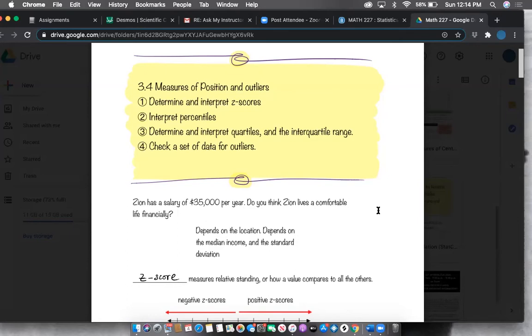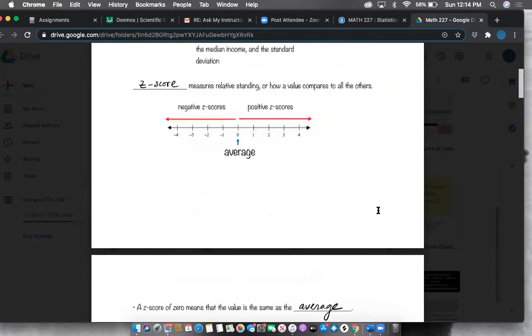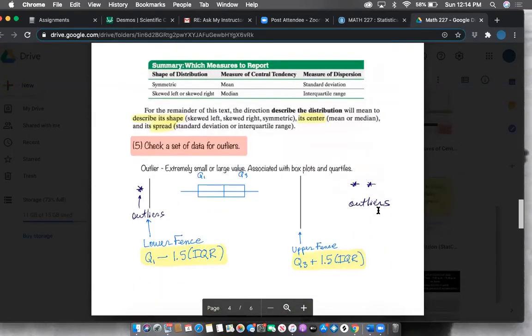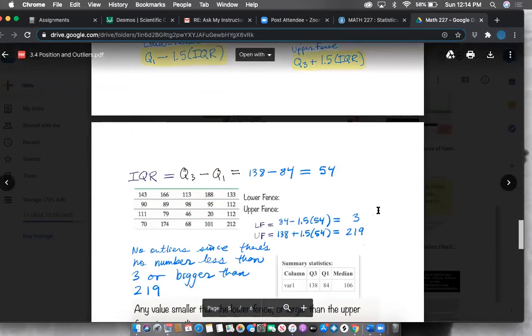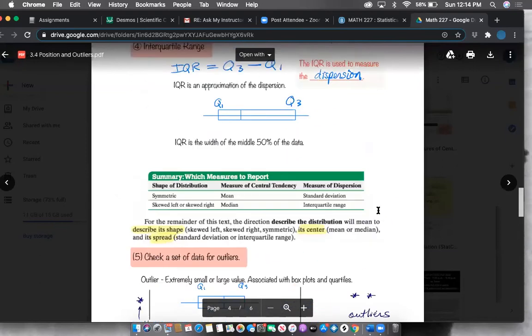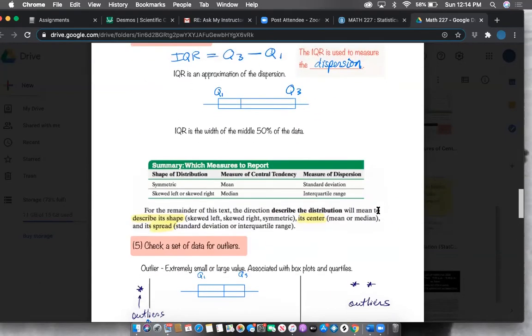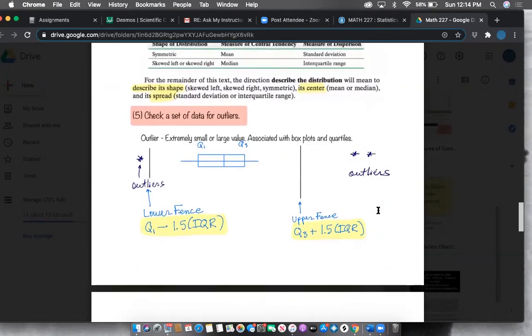That's where we're at right now. The question says, would that be an outlier? So you'd have to go down to 4 and find where it starts talking about checking a data set for outliers. Right there, number 5: check a set of data for outliers.